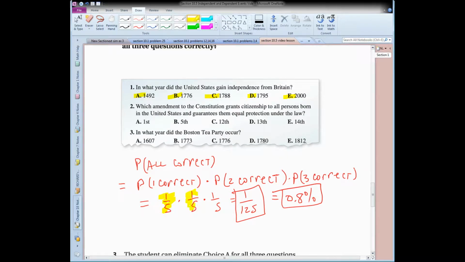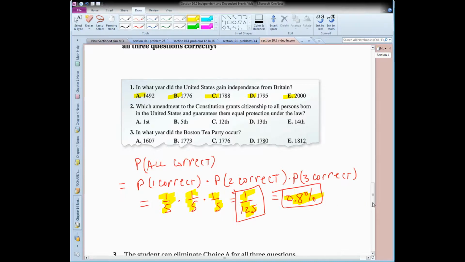Same with the second question, and same with the third. Notice these events are independent. The outcome of one event does not impact the likelihood of the other events. So I multiply those together. It's 1 out of 125. So you have about a 0.8% chance of guessing correctly.